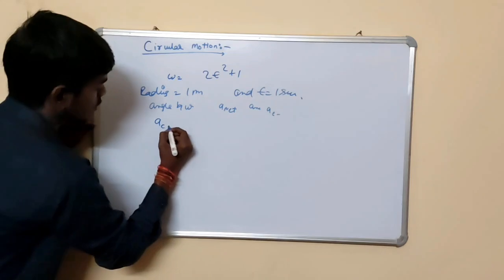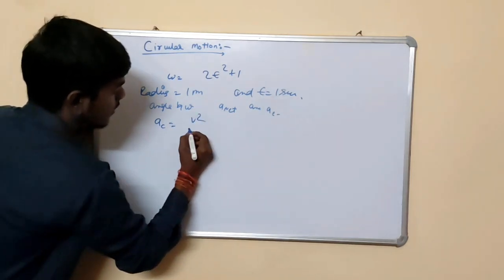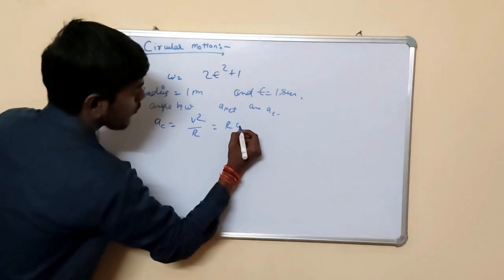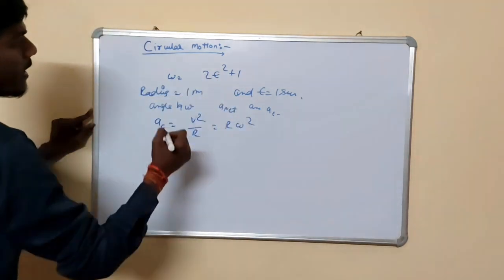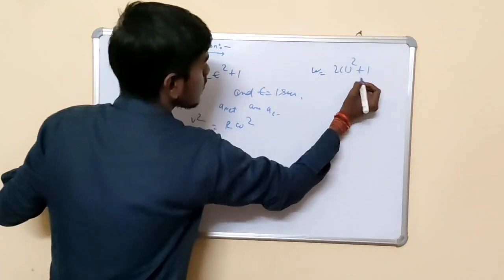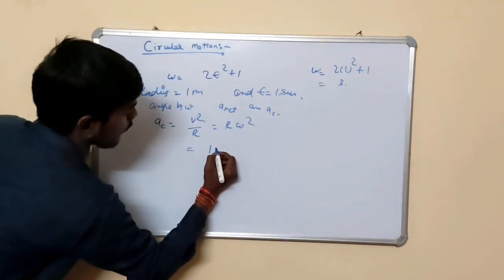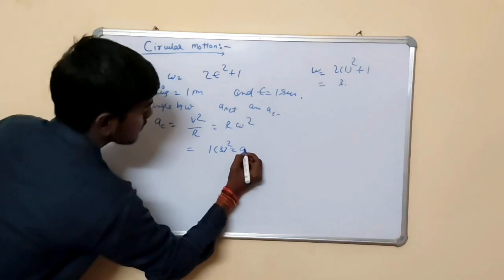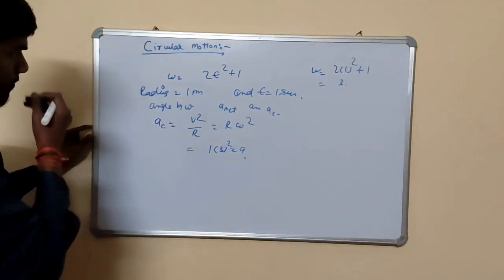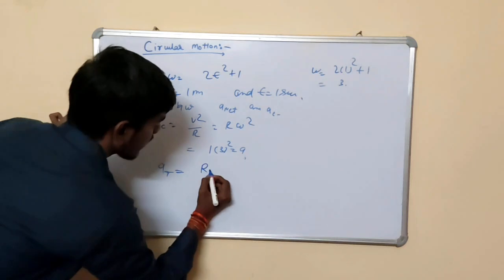We know that AC equals V square by R, or R omega square. So omega at t equals 1 will be 2 into 1 square plus 1, so it is 3. So here AC will be 1 into 3 square, so it is 9. And AT will be R into alpha.